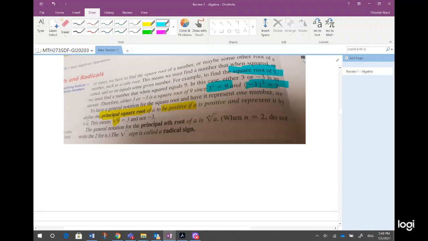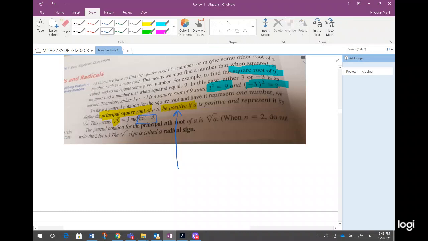But when I show that symbol, I define it to be the principal square root, and I define it to be positive. So when I show radical 9, for example, the answer is just 3 and not minus 3.